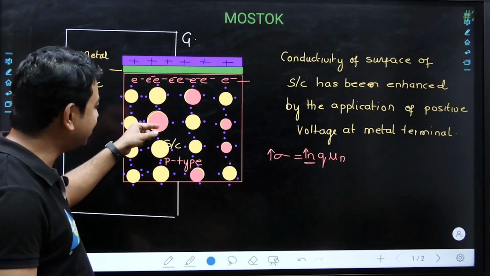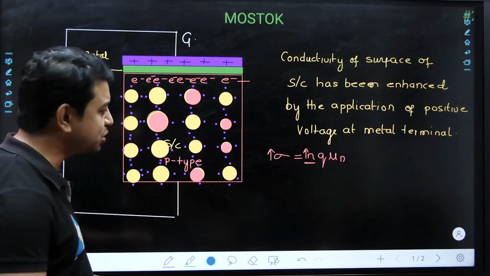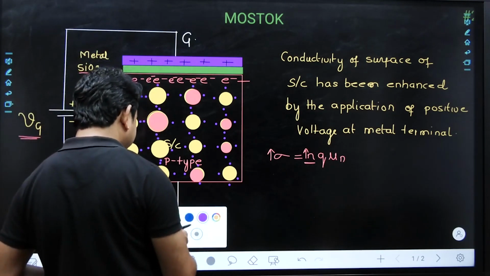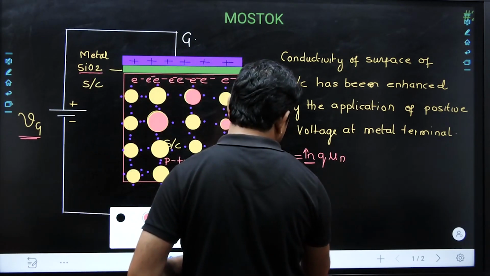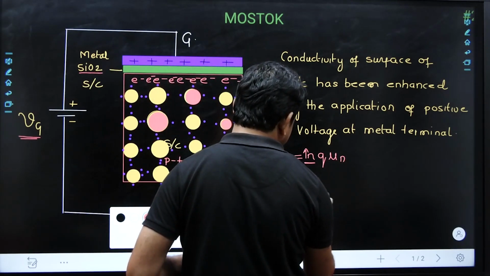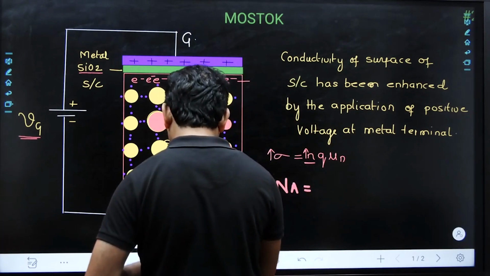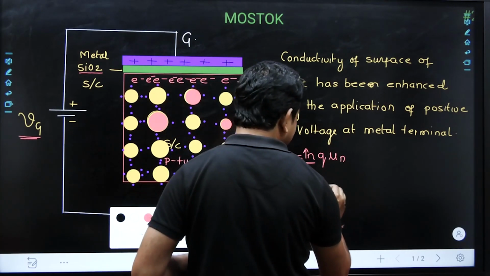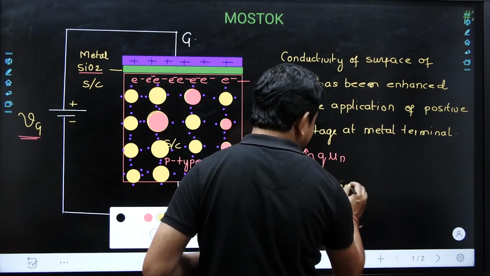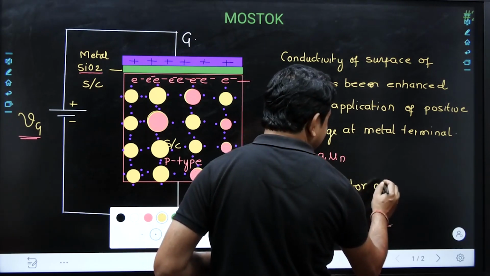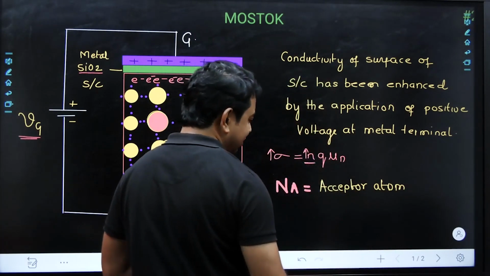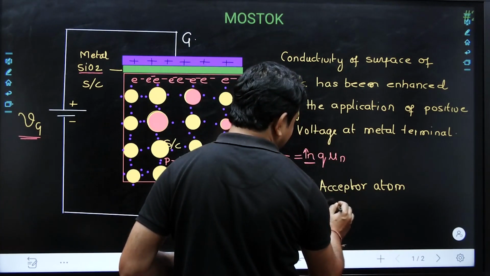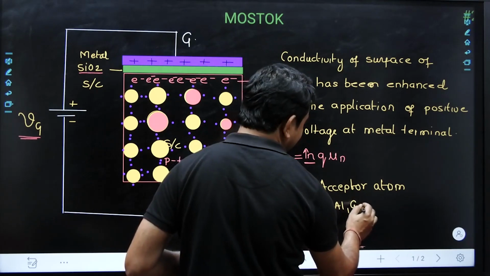Boron, which acts as a p-type dopant, acts as an acceptor atom, denoted by Na. Na is nothing but the acceptor atoms, which come from the third group elements: boron, aluminum, gallium or indium.